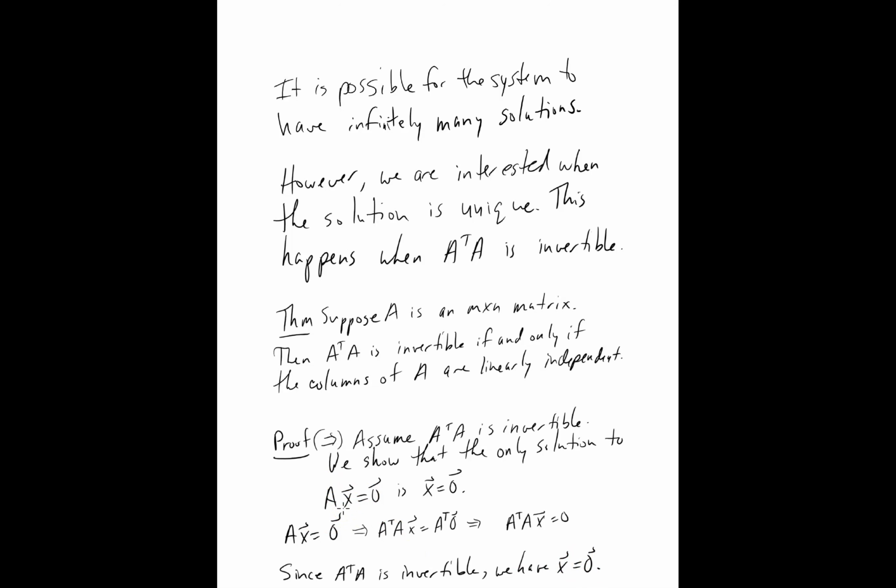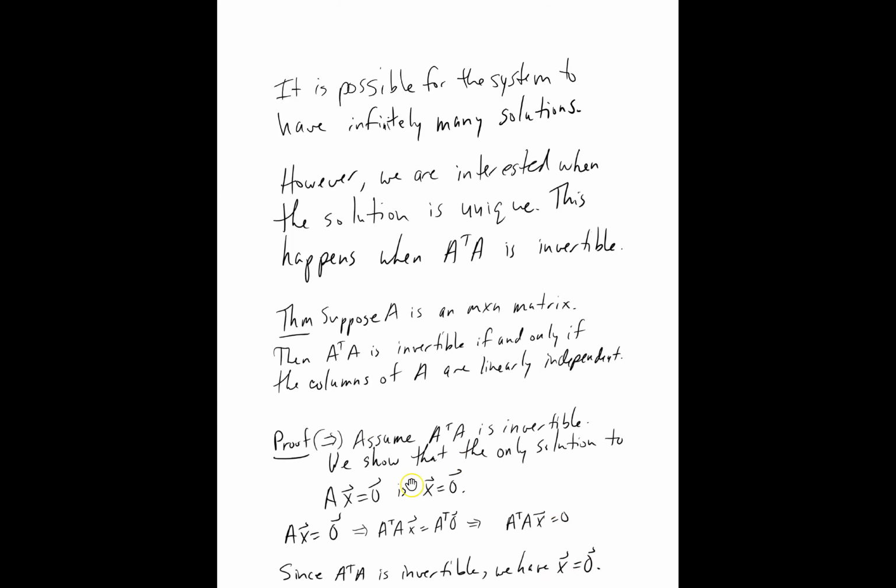Think about why this has to imply that A has linearly independent columns. Remember, if A doesn't have linearly independent columns, then we get free variables when we do the reduced row echelon form. If we get free variables for the homogeneous system, that means we have infinitely many solutions. But we just said we don't have infinitely many solutions, we only have one.